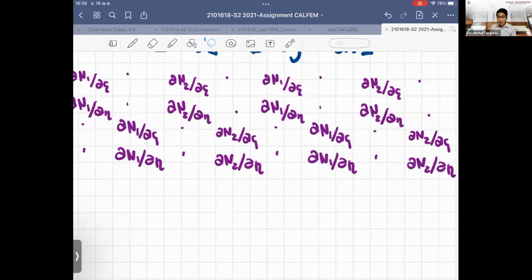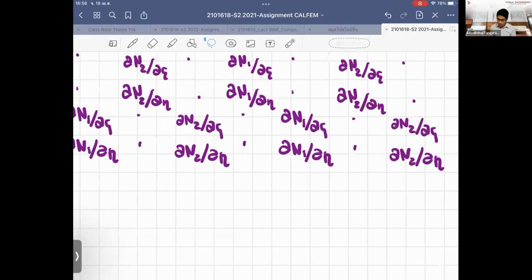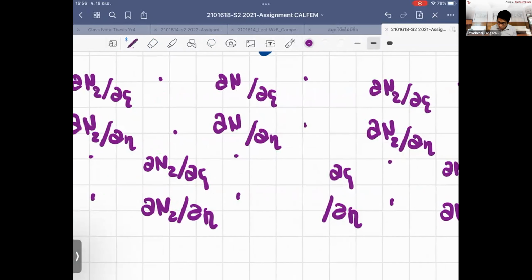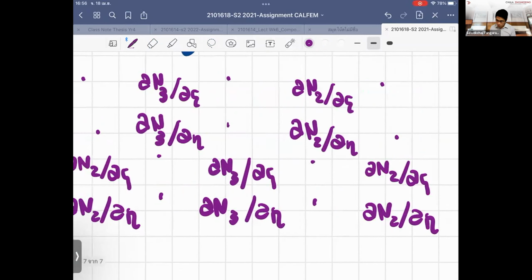Okay, and I change them to be the shape function according to the node we're looking at. So we have the node 3. And the last one is node number 4.